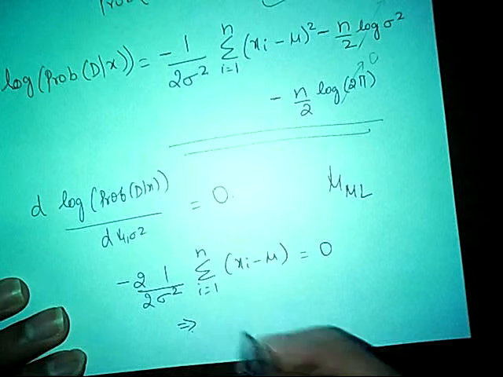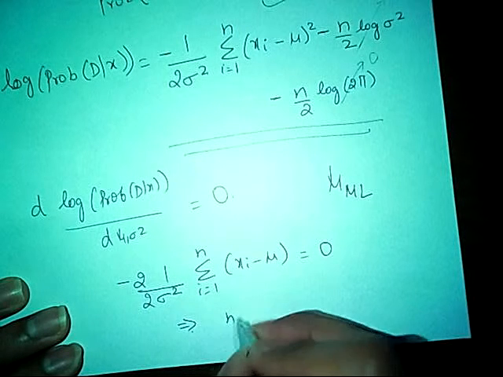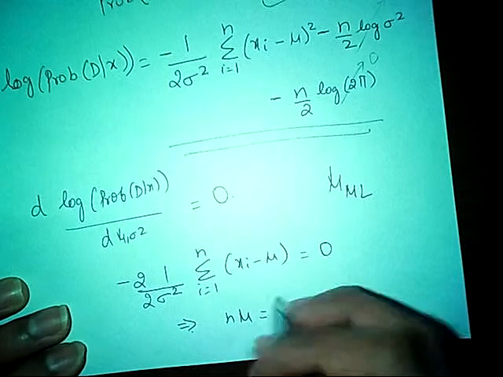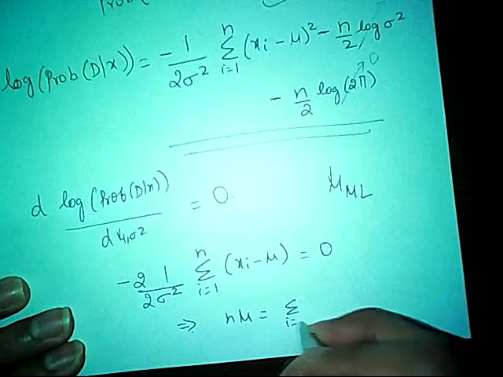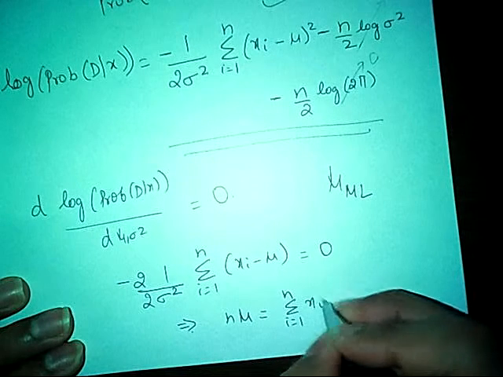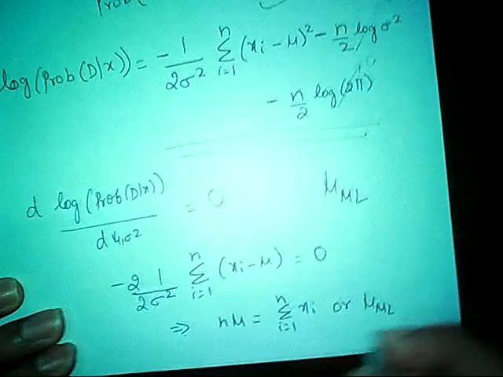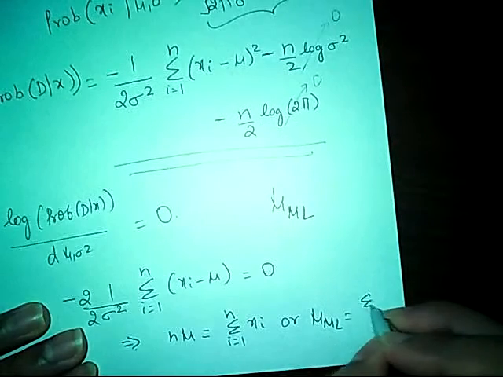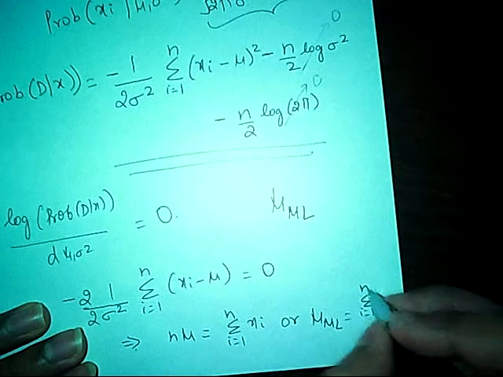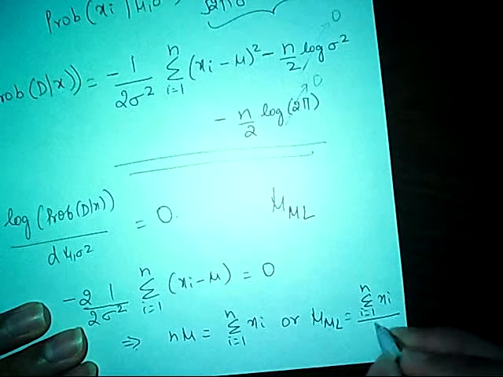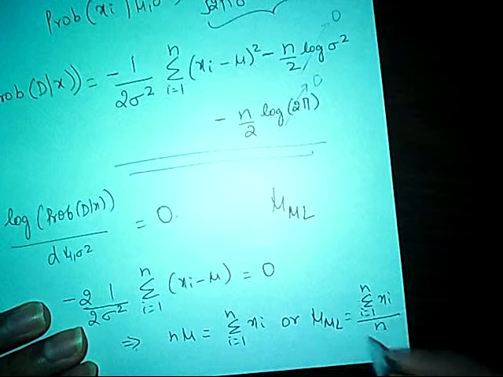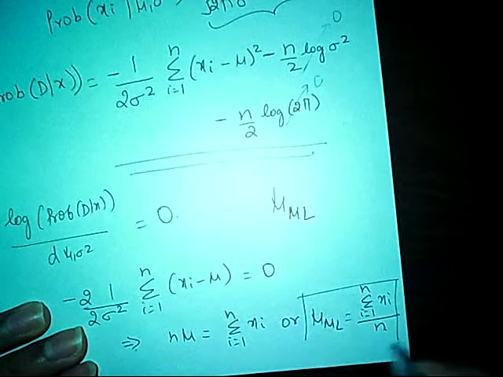So this simplifies to n mu equals the sum for i equals 1 to n of xi, or my mu ML is nothing but the average of all the xi's that I've obtained so far.